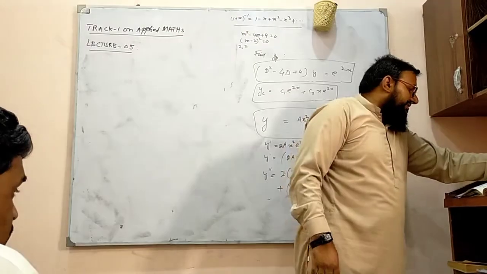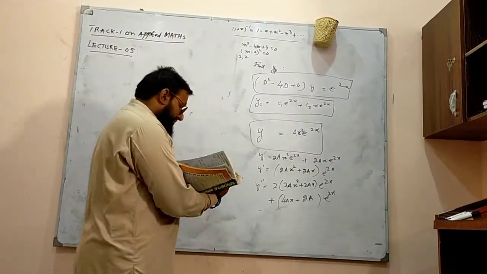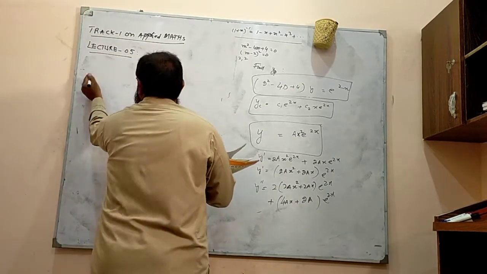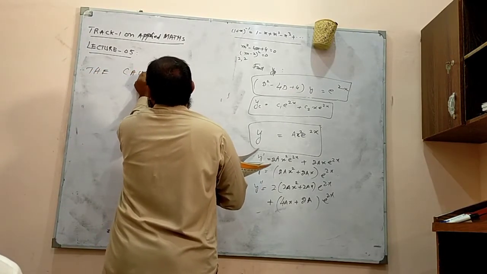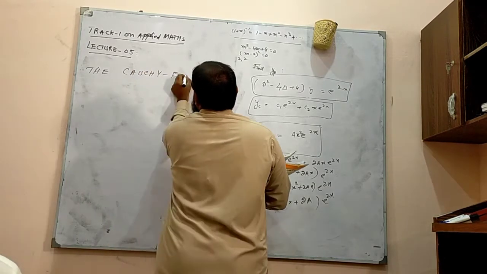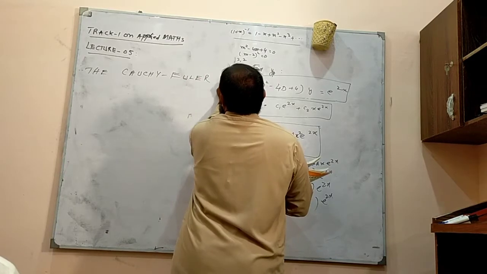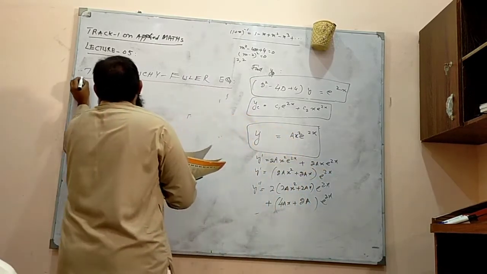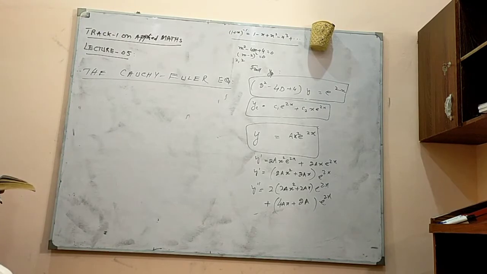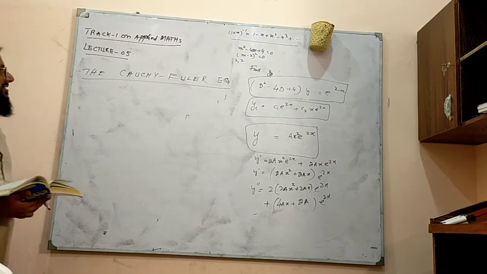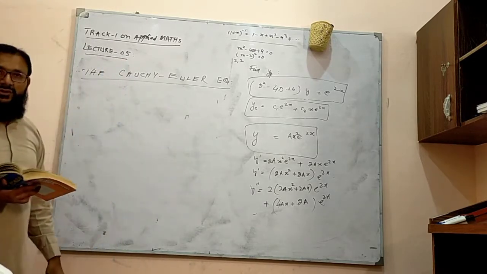One of the special types is what we call the Cauchy Euler equation. We can solve this easily, and it's the only equation with variable coefficients that we can solve.